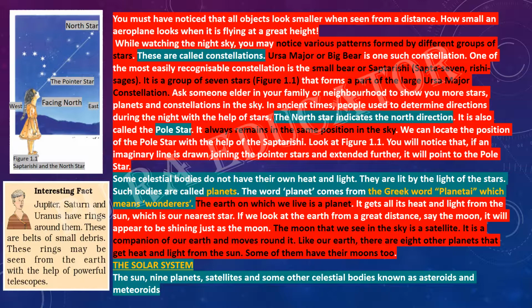Friends, you have also seen the sky during the night time. You may have seen the various patterns and the group of different stars. These groups of stars which form the different patterns are known as constellations. Ursa Major, the Big Bear, is one of such constellations.